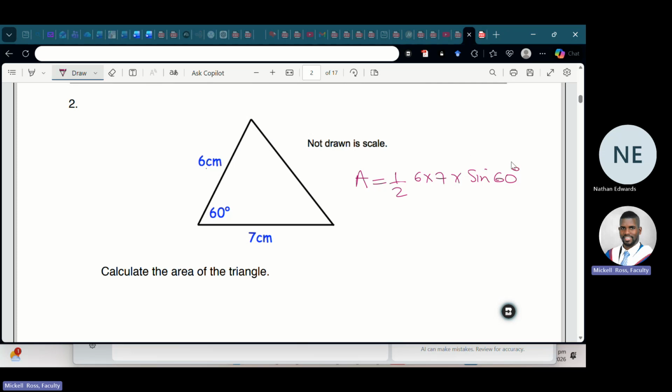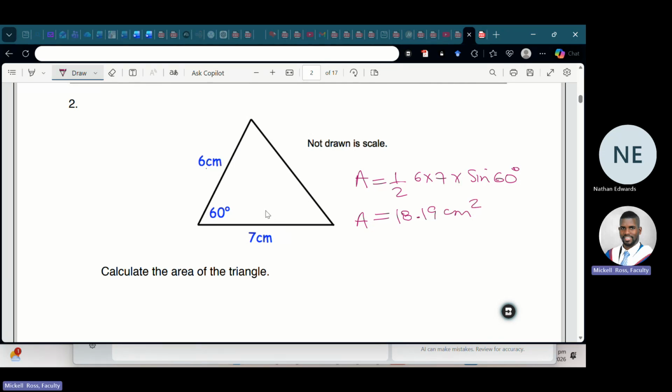So it is going to be the sine of 60 times 7 times 6 divided by 2. So we end up with that the area is approximately equal to 18.19, and this is in centimeters squared.